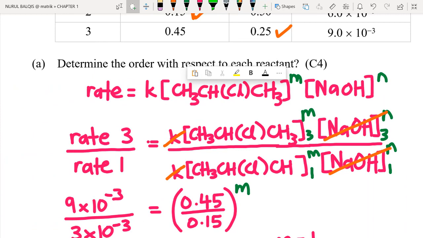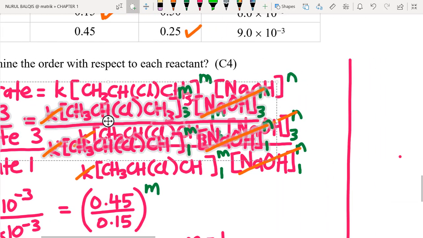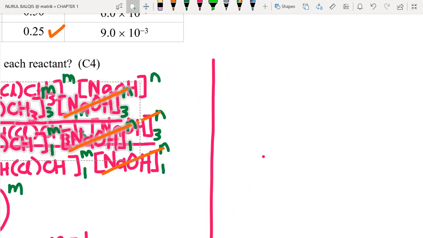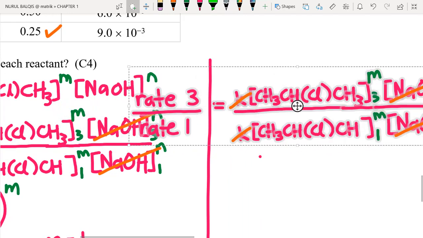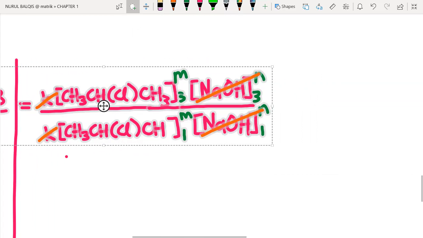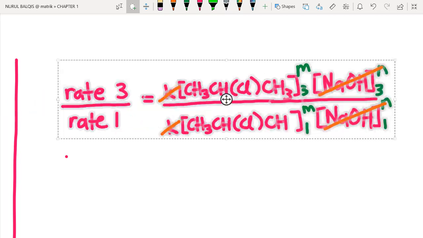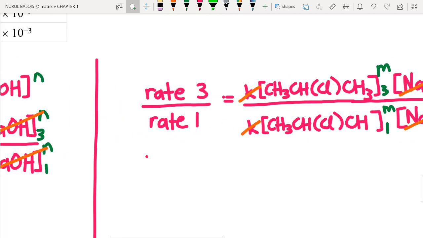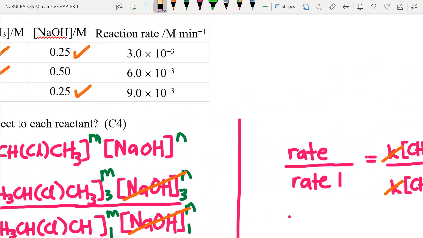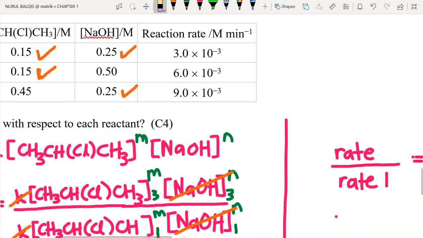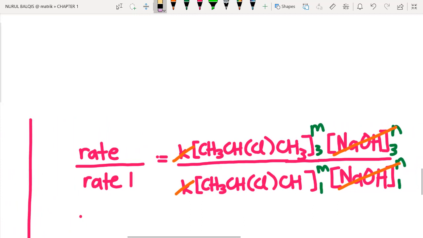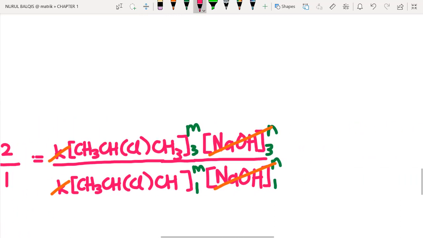Oh my god. Okay, it's alright. Paste. And we're going to bring it over here. Slowly but surely. Then we simply change the numbers. Since we are going to compare experiment 2 and experiment 1, we change it to rate 2 over rate 1.